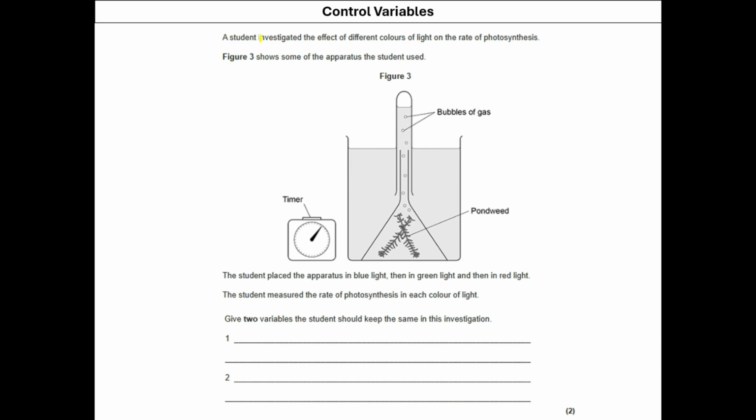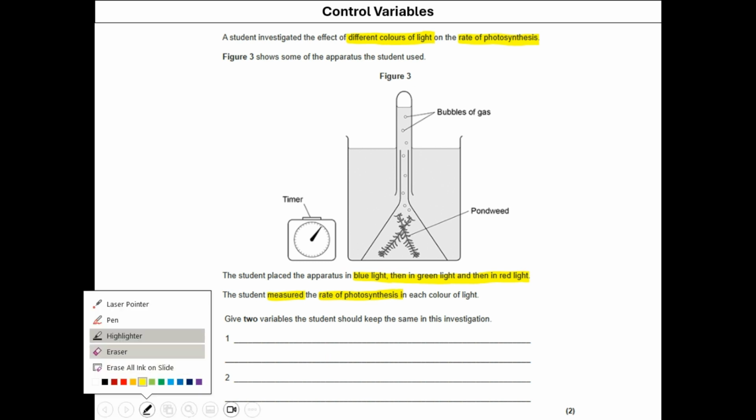A student investigated the effect of different colours of light on the rate of photosynthesis. Figure 3 shows some of the apparatus the student used. The student placed the apparatus in blue light, then green light, then red light. The student measured the rate of photosynthesis.